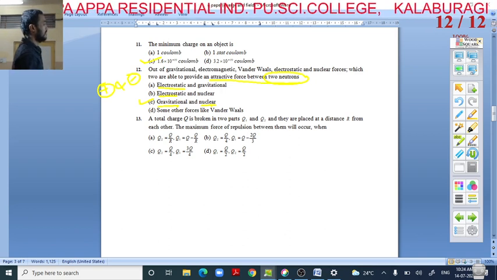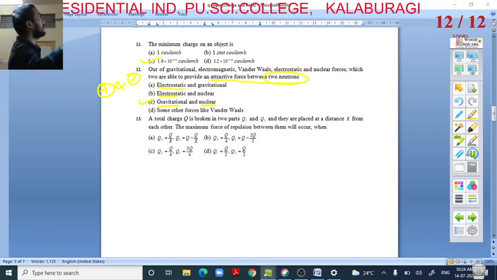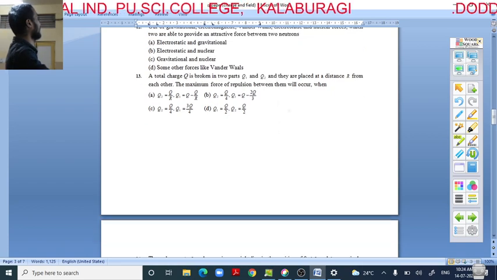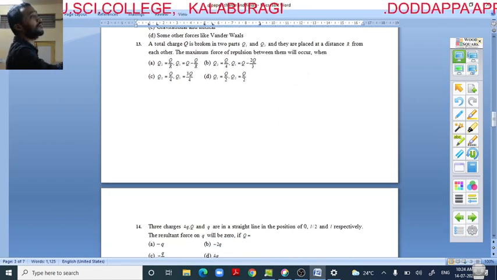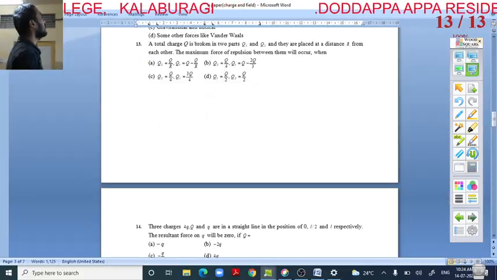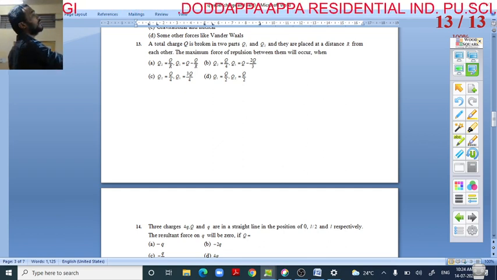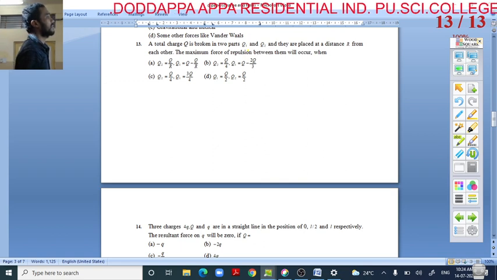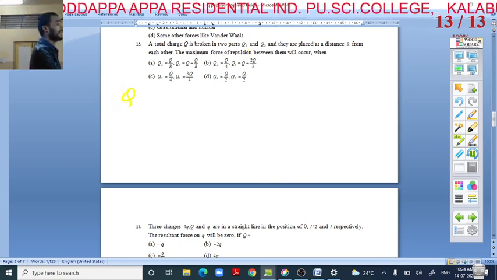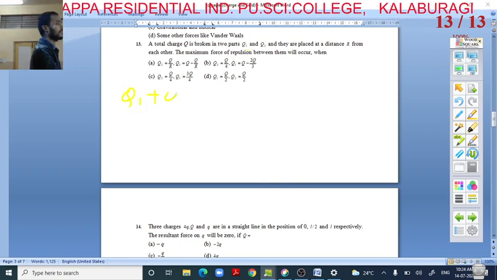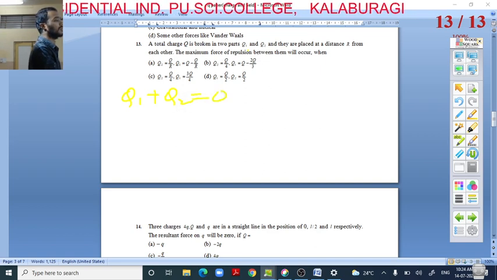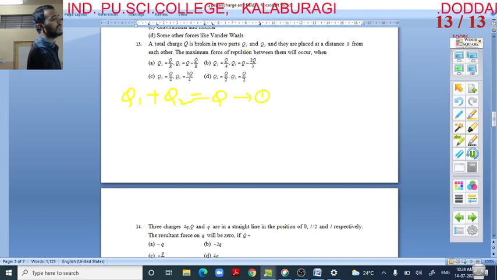See, next question number 13. This question is very important, so concentrate here. The total charge Q is broken into two parts, so I can write as per the question, Q1 plus Q2 is equal to Q. I will call it equation 1.